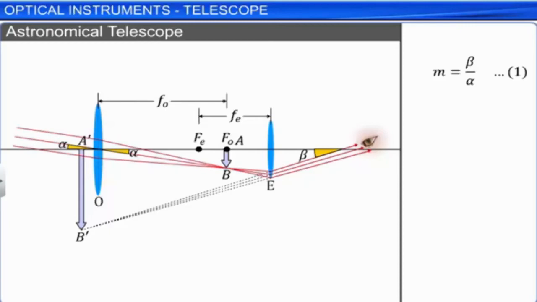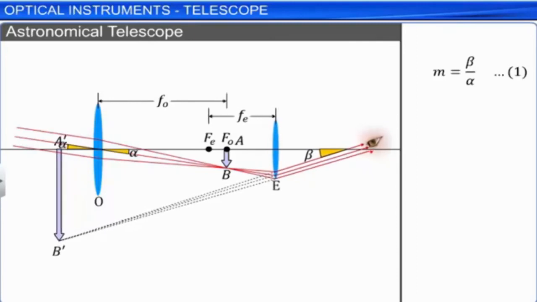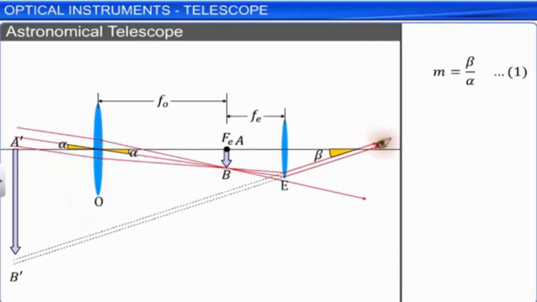Since the two angles alpha and beta are very small, tan alpha is approximately equal to alpha, and tan beta is approximately equal to beta. But tan alpha is equal to AB by FO, and tan beta is equal to AB by FE. Hence, for small angles of alpha and beta, we can write that alpha is equal to AB by FO and beta is equal to AB by FE.